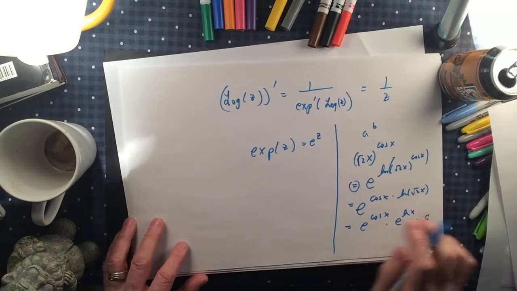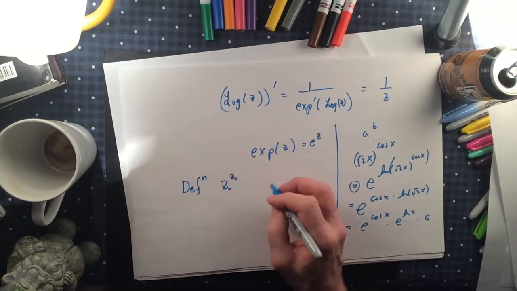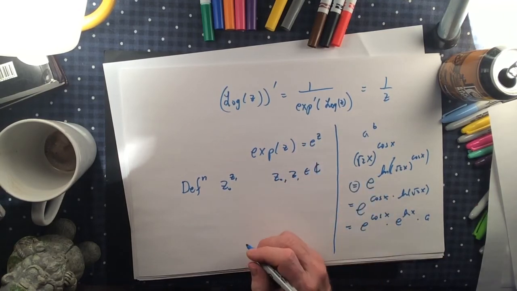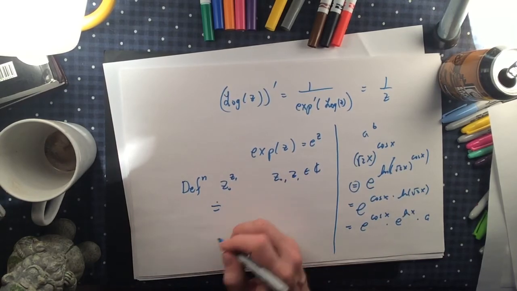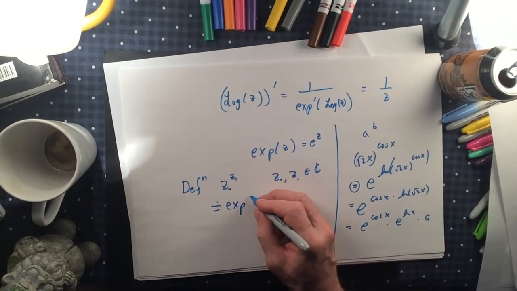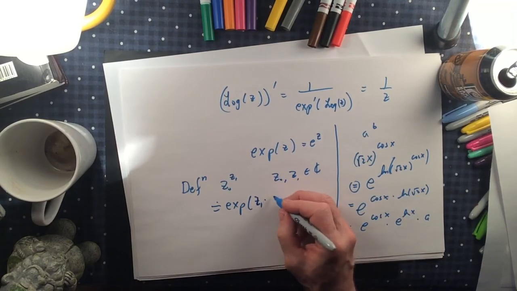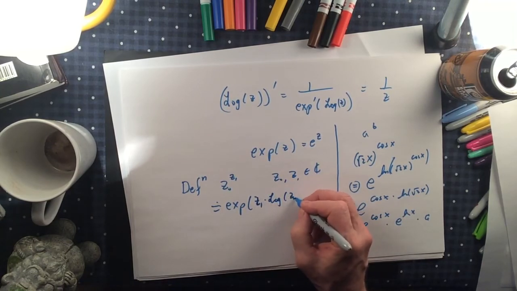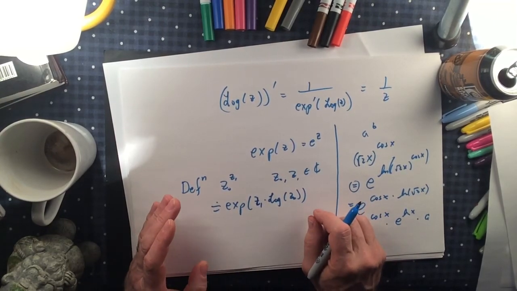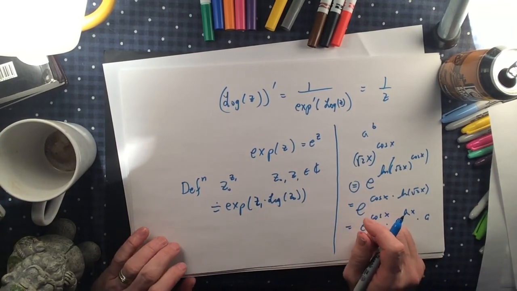Let's do that in the complex plane. Let's do a definition. That z0 raised to the z1, with z0 and z1 elements of the complexes, we want to define it to be the exponential of, and we're just going to put the z1 right away in front, times the log of z0. That is going to be our definition. Now, with that definition, we can now do complex values.